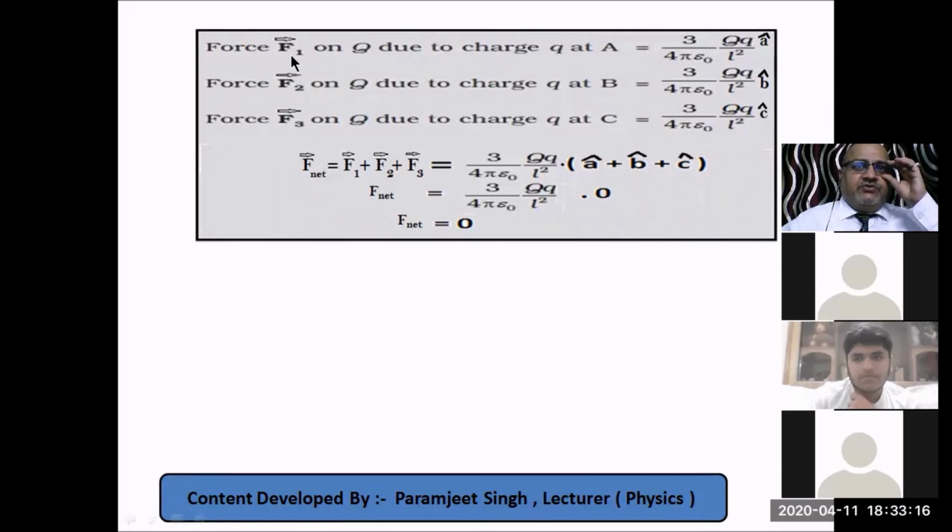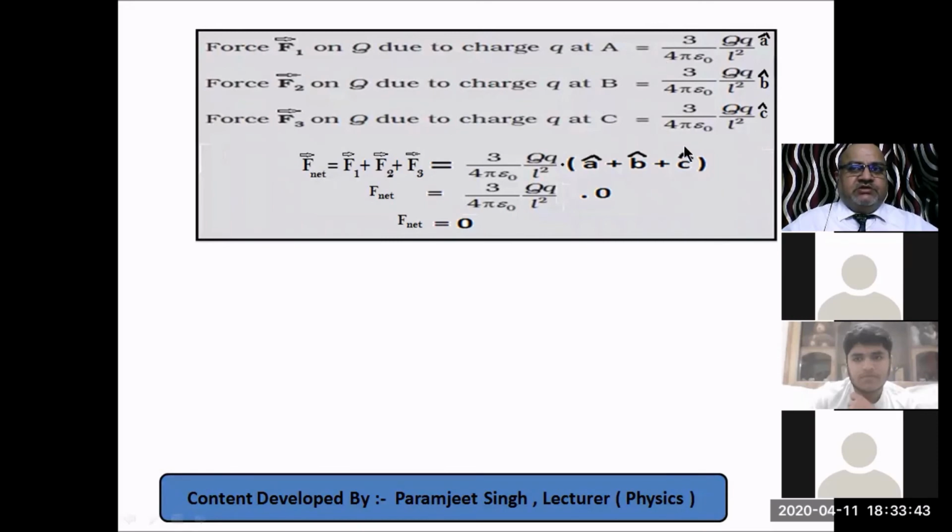So if I wish to write the vector form of F1, F2 and F3, I attach a unit vector along each force. Applying the principle of superposition in a multiple charge system, the net force is the vector sum of all the forces. So the net force on the capital Q will be F1 plus F2 plus F3.